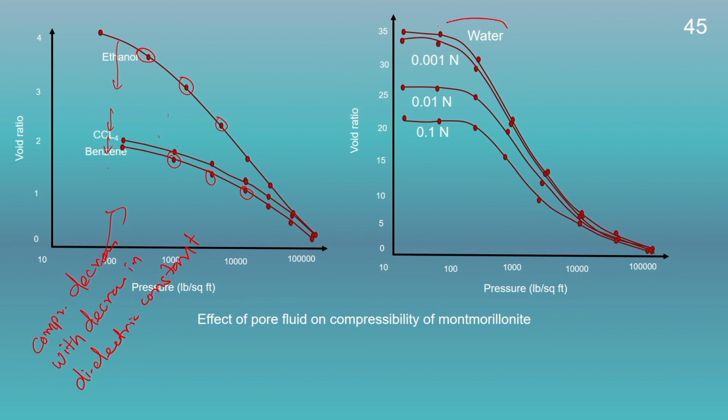If we compare with the salt concentration, here we can see with increase in the salt concentration, the compressibility of the montmorillonite is decreasing. Again, this decrease in the compressibility behavior due to increase in the salt concentration is due to the decrease in the diffuse double layer thickness.